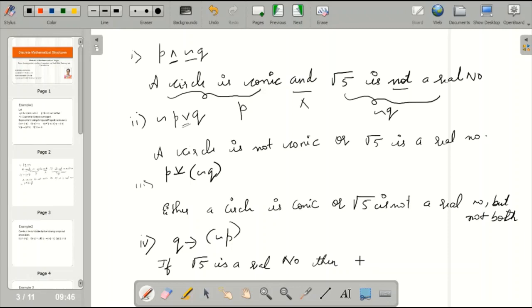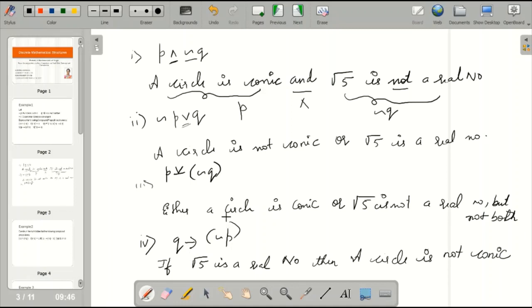Negation P will be a circle is not conic. Then a circle is not conic. So this is how we are going to write Q conditional negation P.